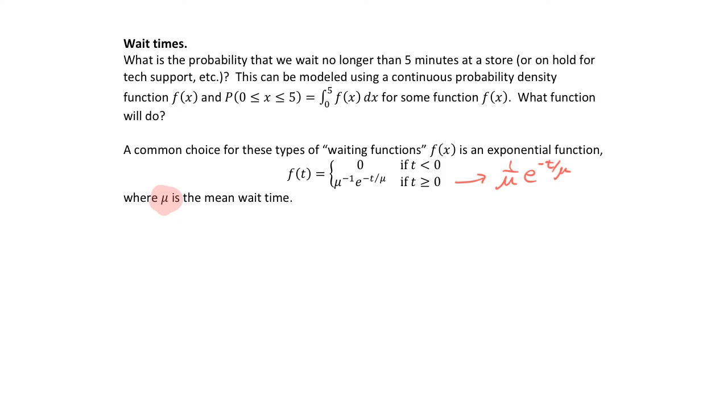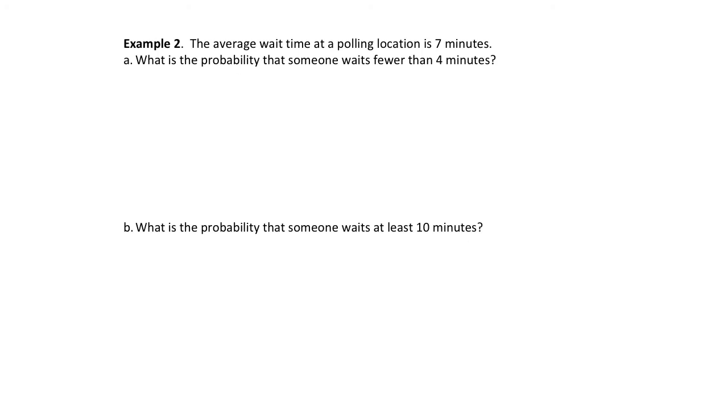So let's look at an example of this. The average wait time at some polling location is 7 minutes. What's the probability that someone waits fewer than 4 minutes? Well, it's just as we would expect. Our mu here is 7. We're going to use the formula we just came up with.